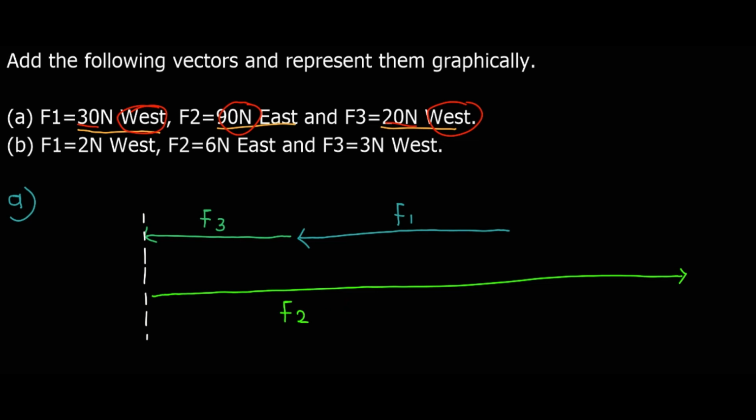And then when we draw our resultant vector, the Fnet, we know that we start from the tail of our first vector and end at the head of our last vector, and go over in this way. So this one is our Fnet, and you can see it is east based on our calculation, so we go over in this way.